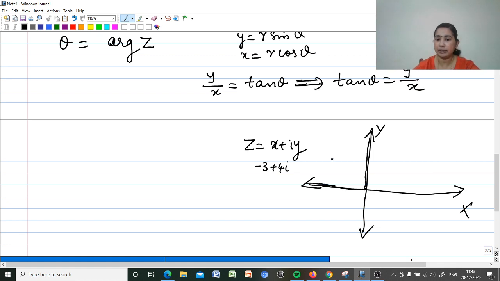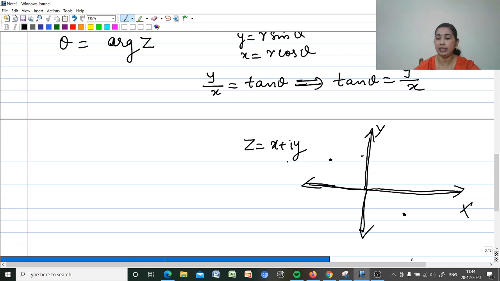So it will be in the second quadrant. If we take another complex number, 5 minus 4i, x is positive, which means this side, and y is negative, which means this side, so it is coming in the fourth quadrant. Like that, we have to check in which quadrant the complex number lies, and only then can we decide the value of theta.